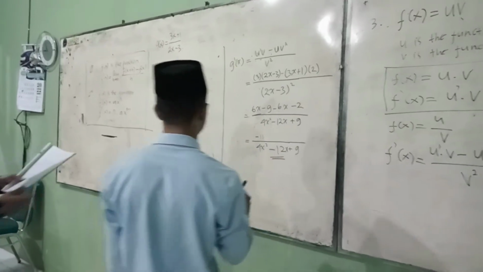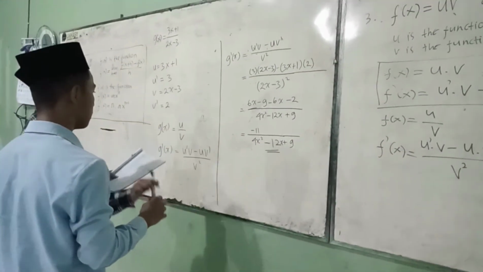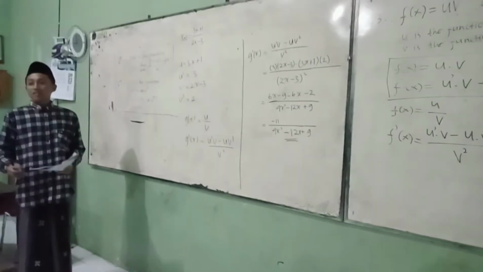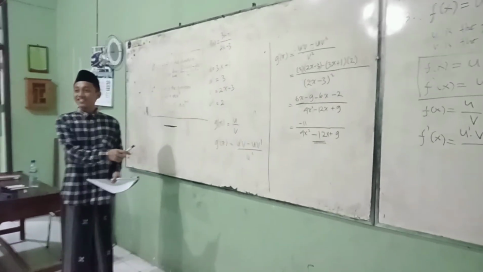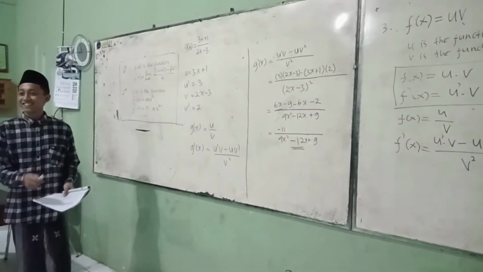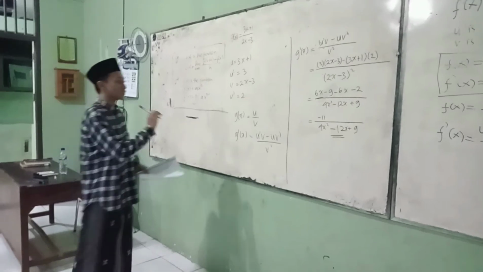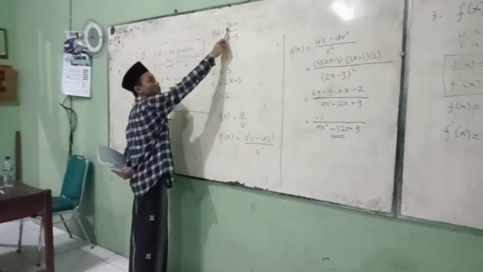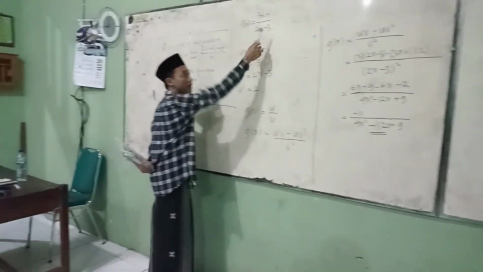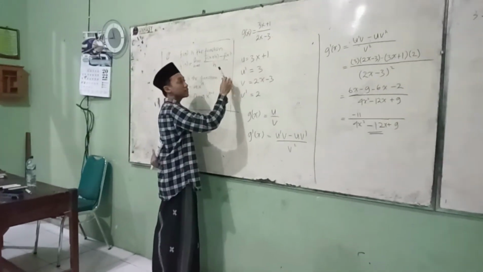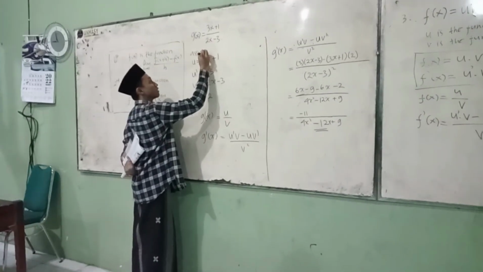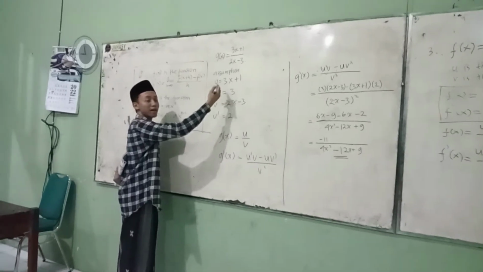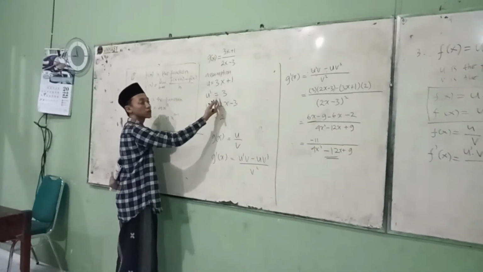You get the direction? Okay, yes, that's great. Is this true, students? Okay, that's true. Because we have the function g of x is equal to 3x plus 1 over 2x minus 3. And then we make the assumption u is equal to 3x plus 1, and u prime is equal to 3.